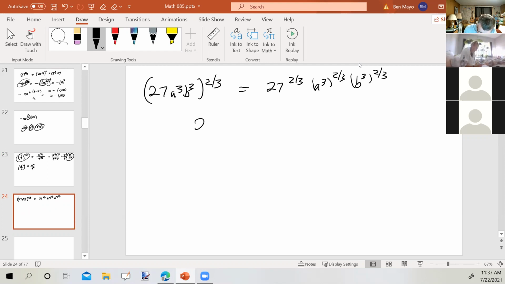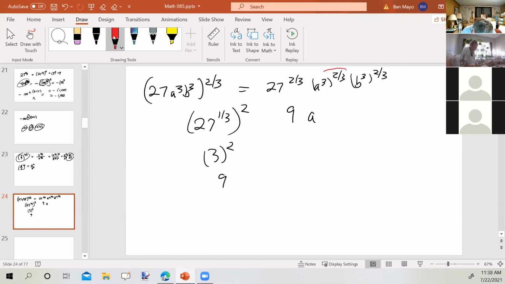27 to the 2/3 power, I'm going to take the cube root and then square it. The cube root of 27 is 3, and 3 squared is 9. But I have a power raised to a power, so I'm going to multiply the exponents. What's 3 times 2/3?